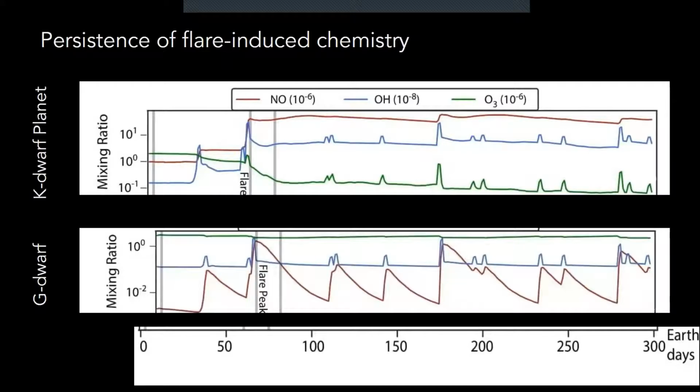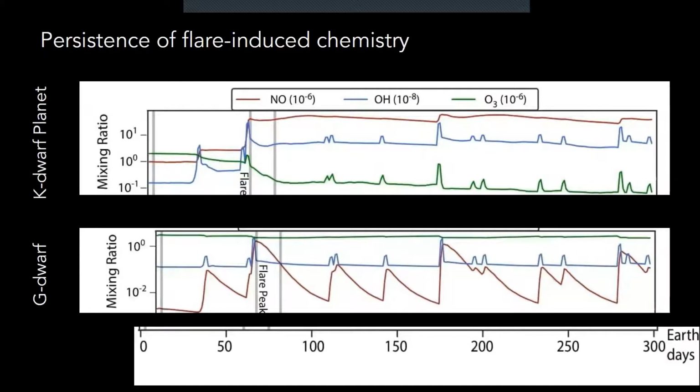Compare this to the G-dwarf planet scenario, in which the chemical abundances, specifically the NO and OH abundances, quickly return, or try to return, to their baseline during or after a large flare.